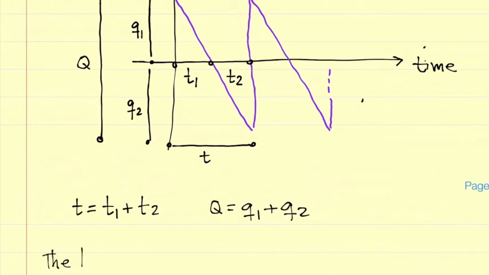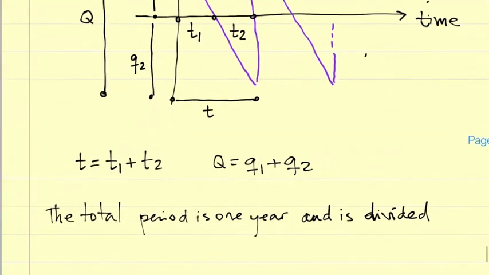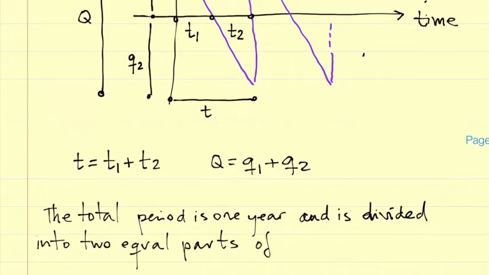The total period is 1 year and is divided into equal parts of interval t.